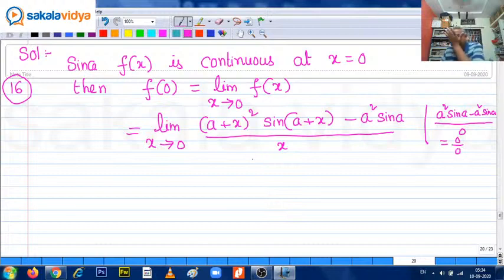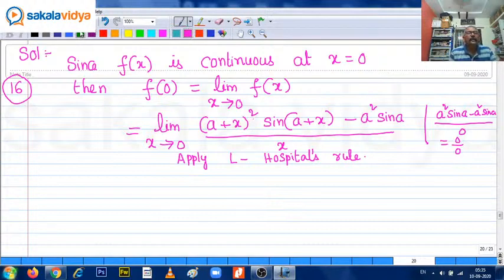So you can apply L'Hospital's rule. This chapter, including limits, has a weightage of 3 or 4 marks. Apply L'Hospital's rule, that means differentiate numerator and denominator separately, then substitute the limit.